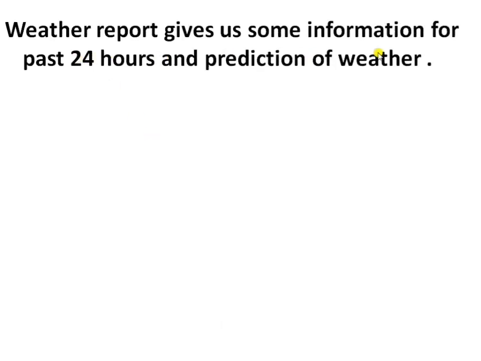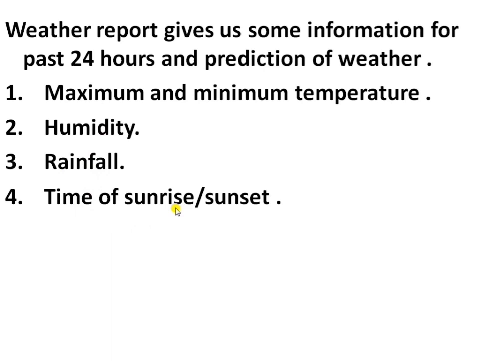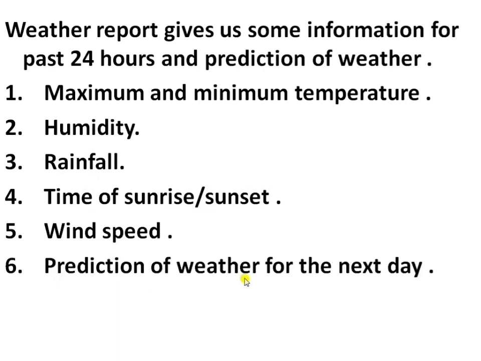Weather report gave us some information for the past 24 hours and prediction of weather, like maximum and the minimum temperature, humidity, rainfall, time of sunrise and time of sunset, wind speed, and the prediction of the weather for the next day.